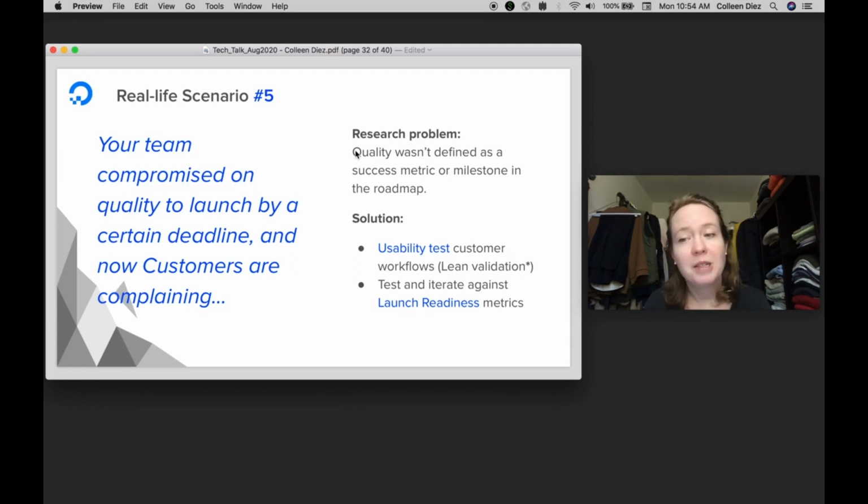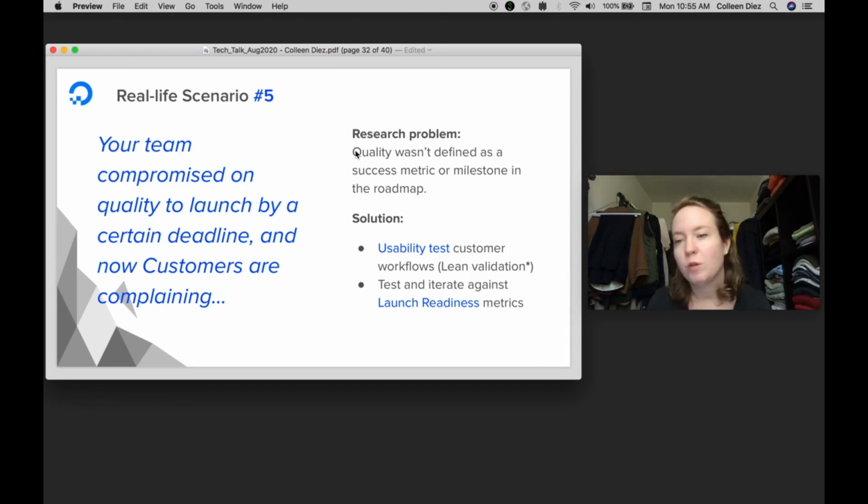But now customers are complaining because the experience is not what we promised or advertised it would be. As a research problem, the quality here was not defined as a success metric or as a milestone in the roadmap. And this is something most product teams or engineering teams come across in hindsight.